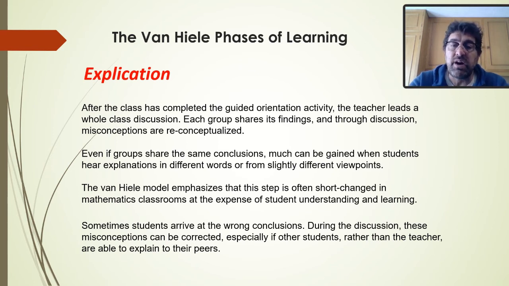Sometimes students arrive at the wrong conclusion. During the discussion, these misconceptions can be corrected, especially if other students, rather than the teacher, are able to explain to their peers. Now folks, especially in environments where children are in competition with each other, often learner A, who is in competition with learner B, doesn't want to listen to what learner A is saying.